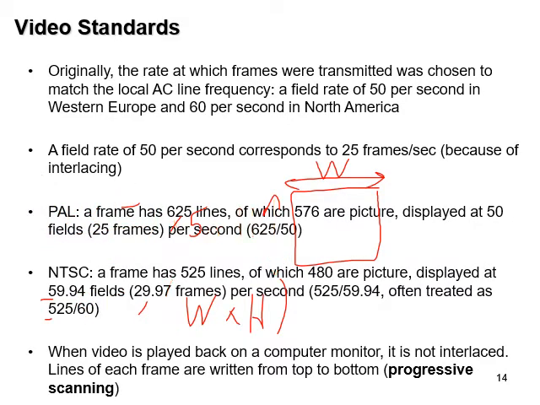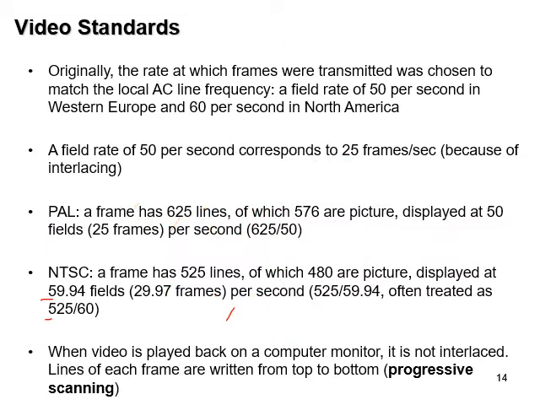Based on this, let's look at the difference between the PAL standard and the NTSC standard. The PAL standard is used in the Middle East and Europe and so on. The frame has 625 lines. Out of the 625 lines, only 576 represent the picture itself.